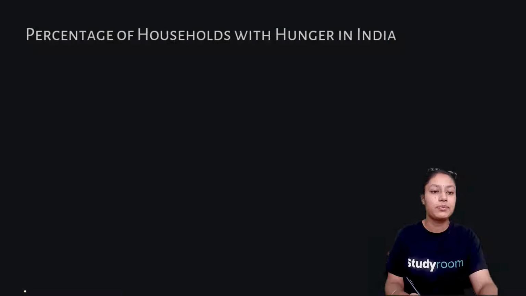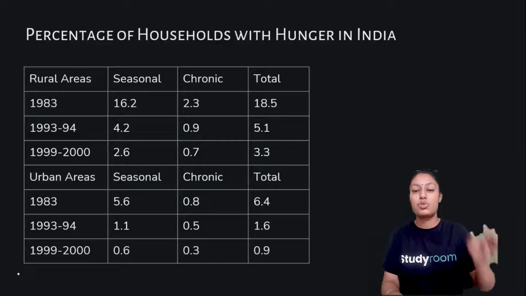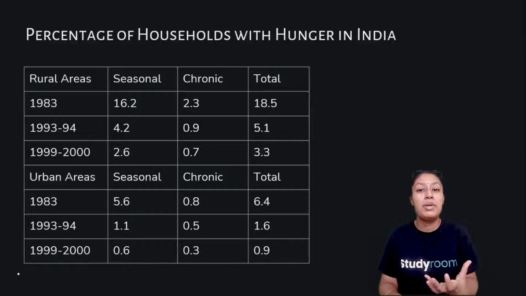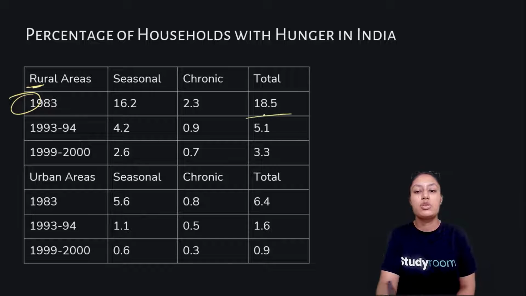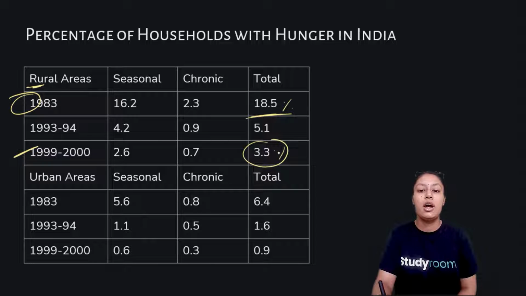All right, now, let's talk in numbers. What is the percentage of households with hunger? Meaning how many families in India actually sleep hungry? So in 1983, we're talking about rural areas, it was 18.5%, and by 1999 to 2000, it had dropped to just 3.3%.